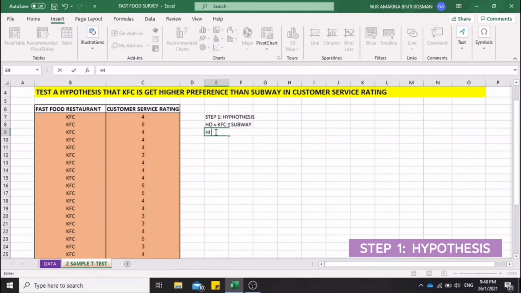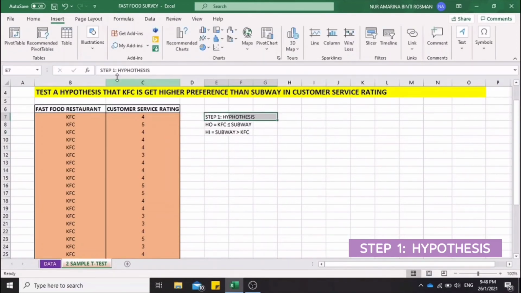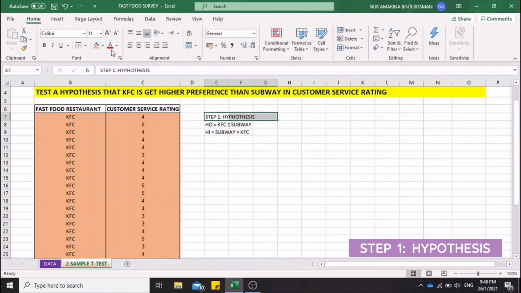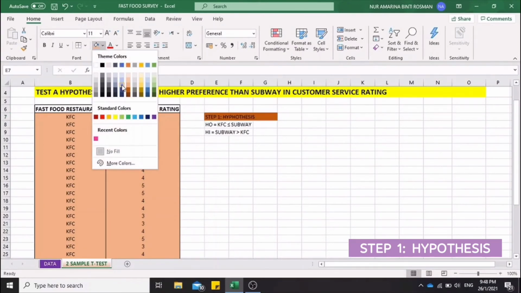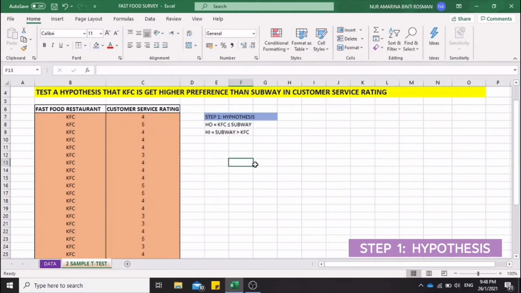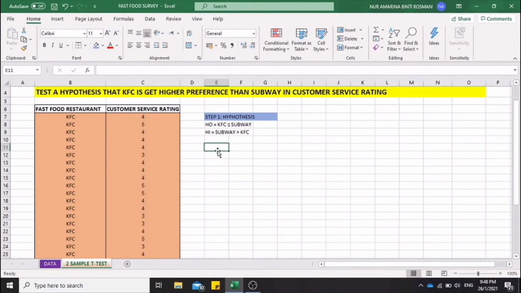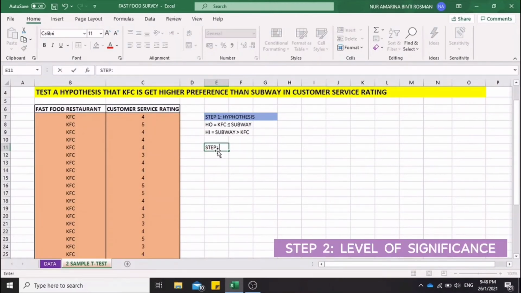H1 is Subway more than KFC. So I highlight here so you can see this step.